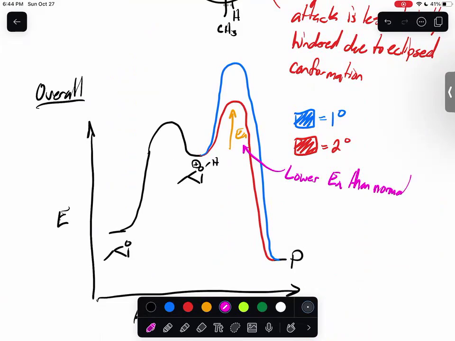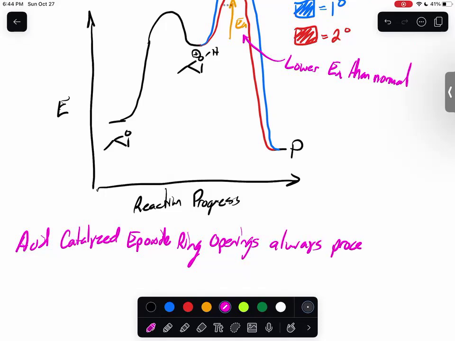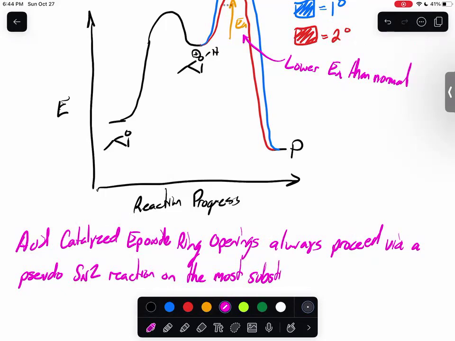And because of that, acid catalyzed epoxide ring openings always proceed via a pseudo SN2 reaction on the most substituted side of the epoxide.